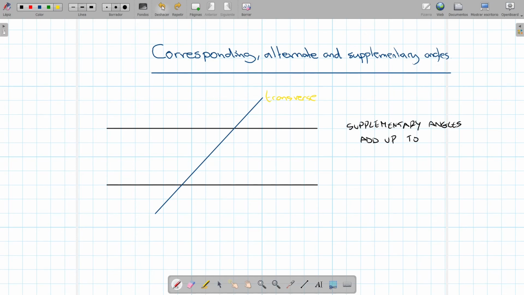Let's go very quickly over what we've seen. We've seen vertically opposite angles which are equal. We've seen corresponding angles which are equal.